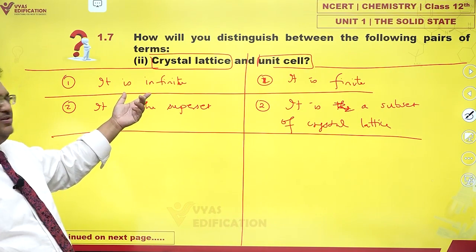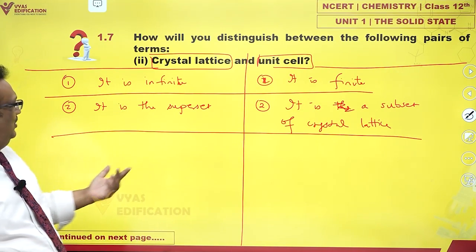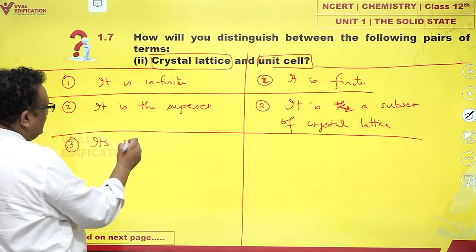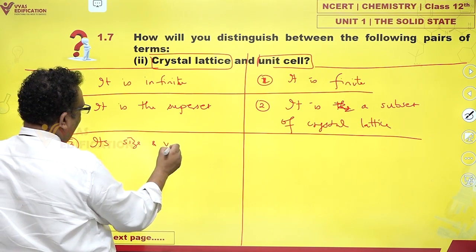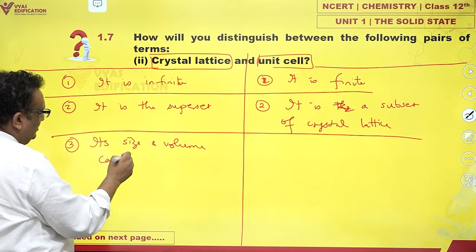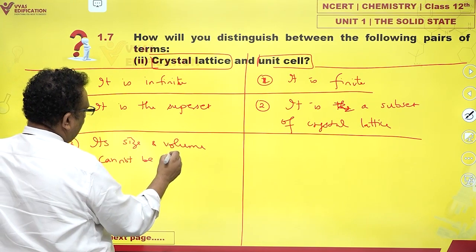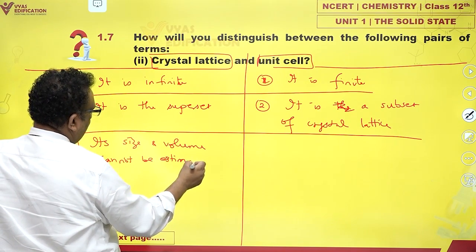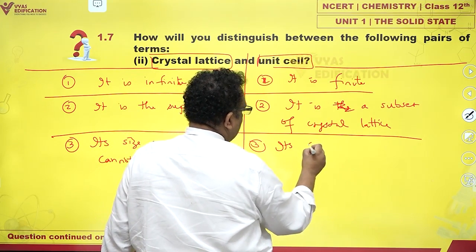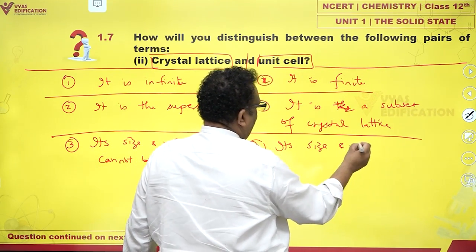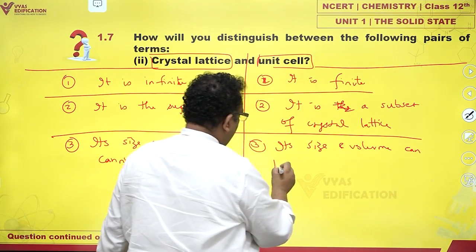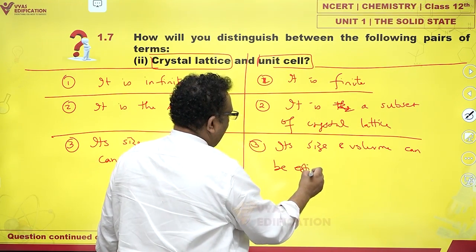If it is infinite, obviously you can't measure its volume. So you can say its size and volume cannot be estimated, and for the unit cell, its size and volume can be estimated.